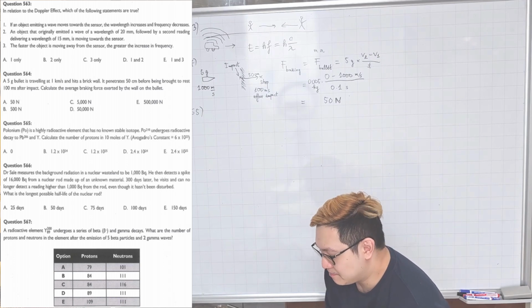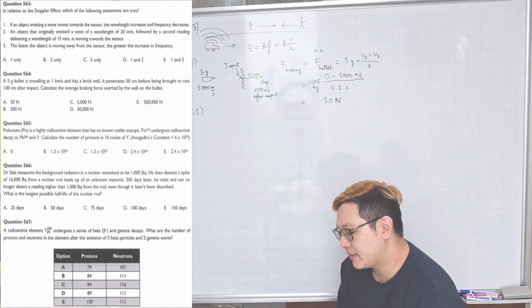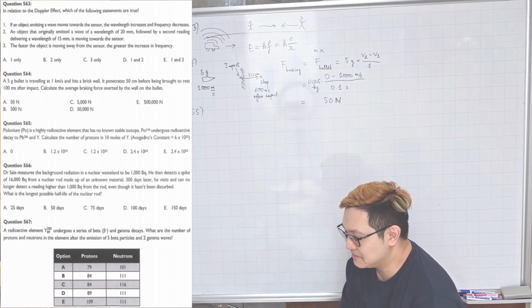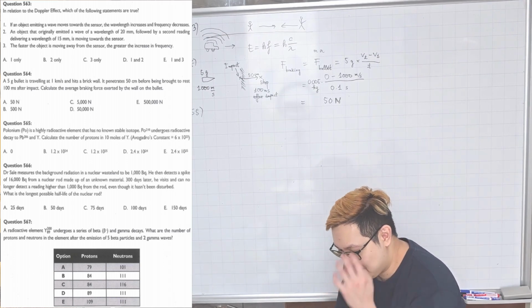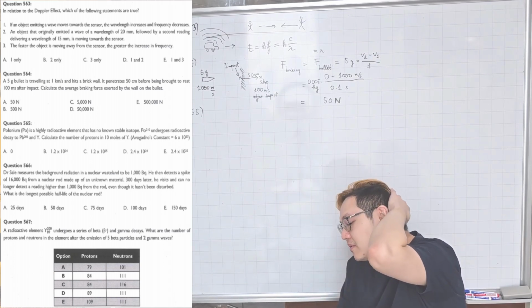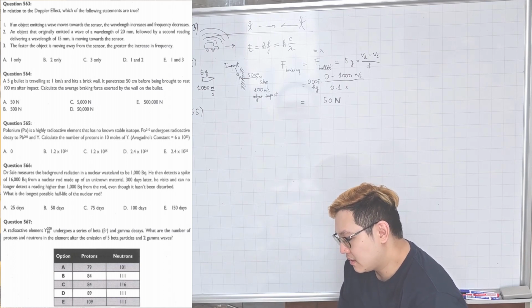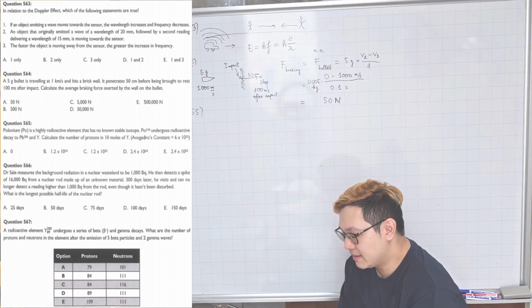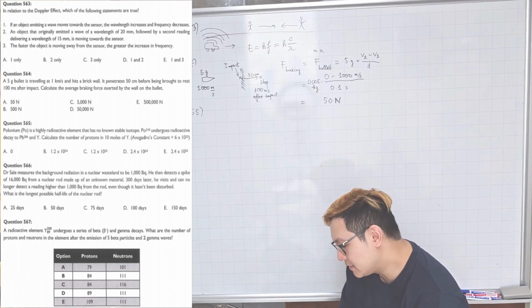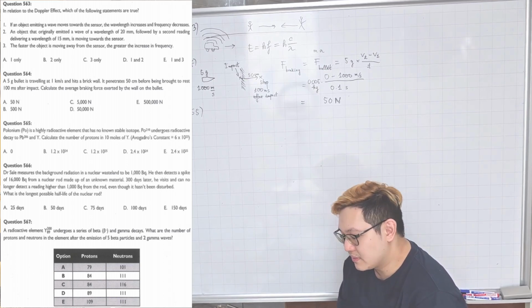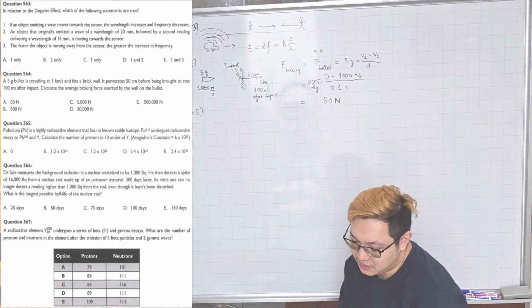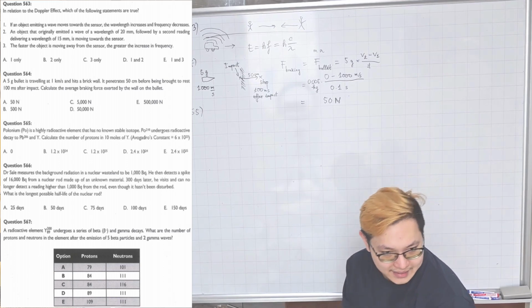Question 565. Polonium is a highly radioactive element that has no known stable isotope. So it means all the isotopes of polonium are highly unstable.